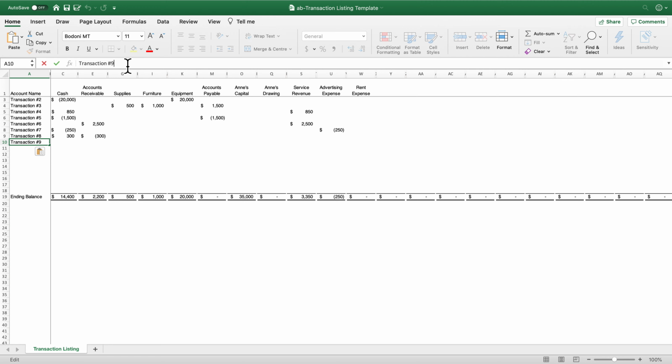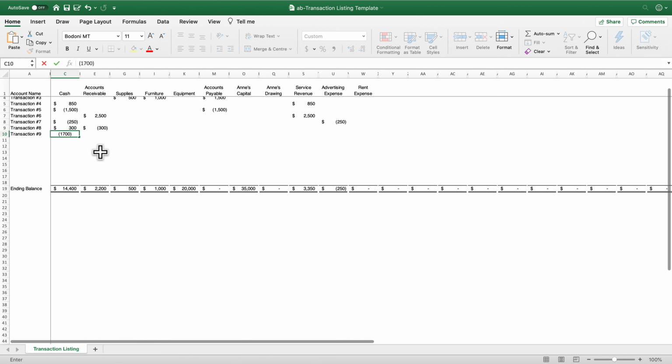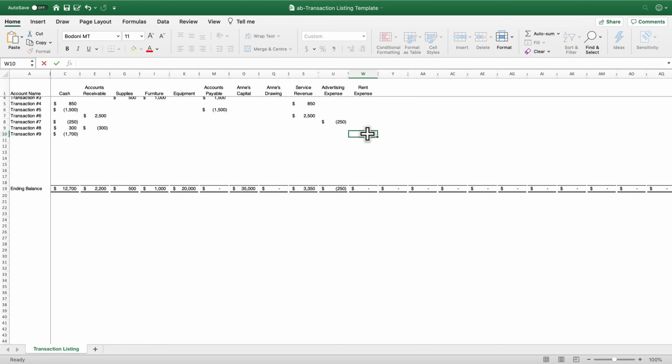Transaction number 9. Anne has to pay rent for her facility, for the building that she's renting. So she pays $1,700 cash for her rent expense.